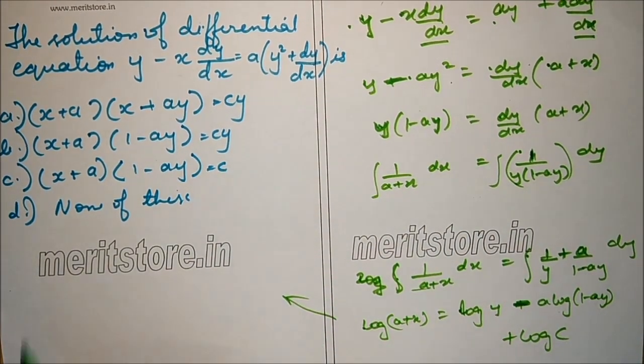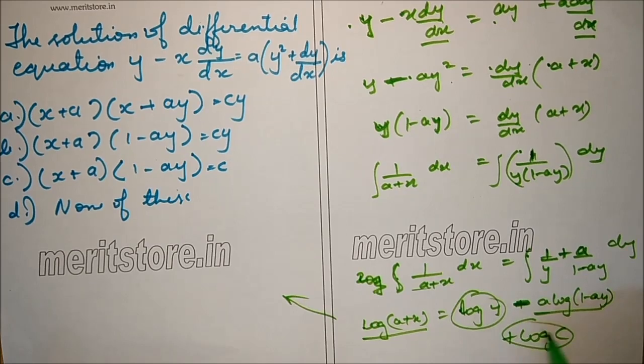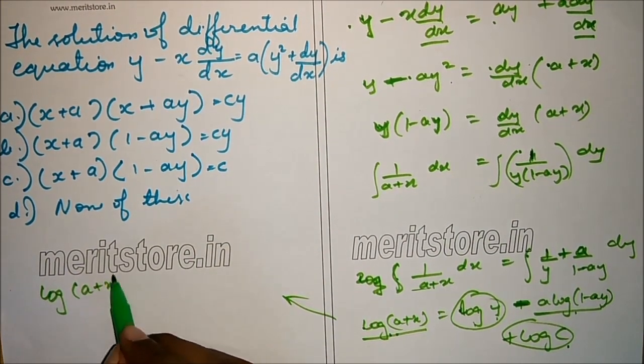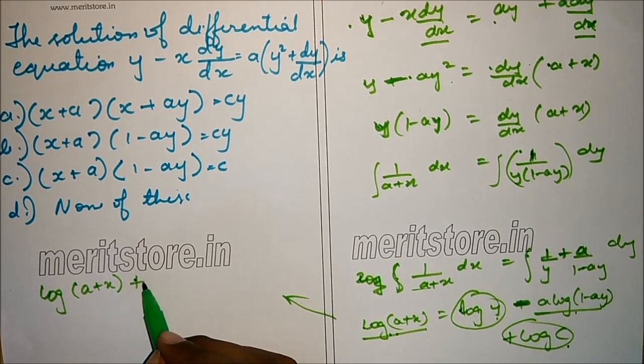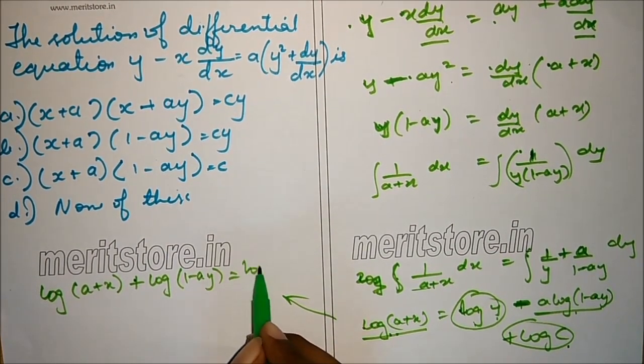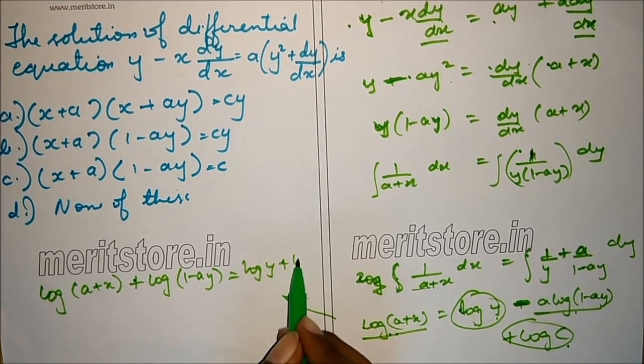So clubbing the log terms by using law of indices, clubbing this and this along with log y and log c on RHS, and clubbing this term and this term on LHS, we will get log of a plus x plus log of 1 minus ay is equal to log of y plus log of c.